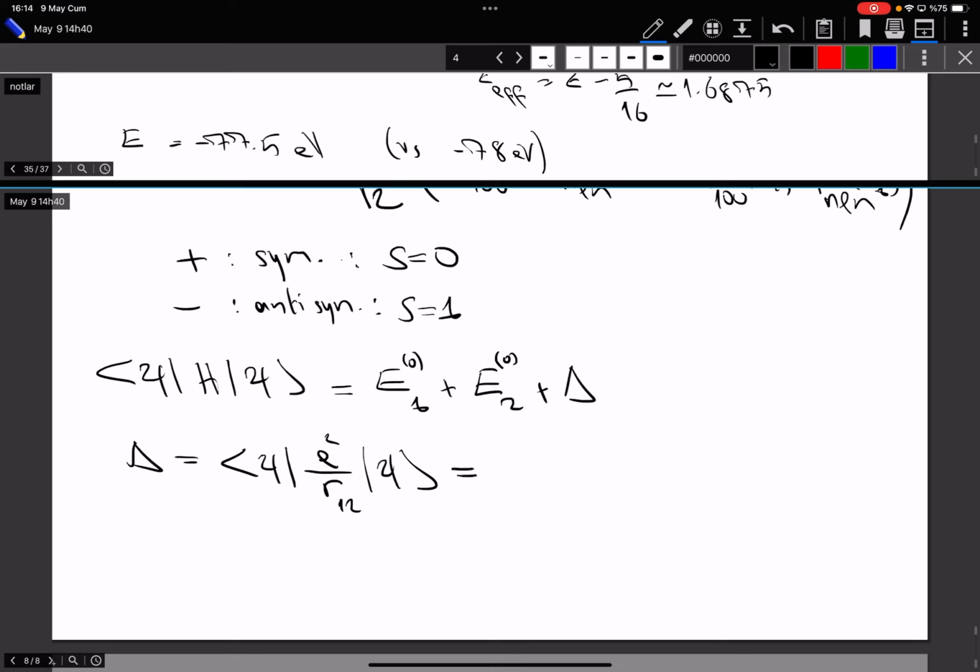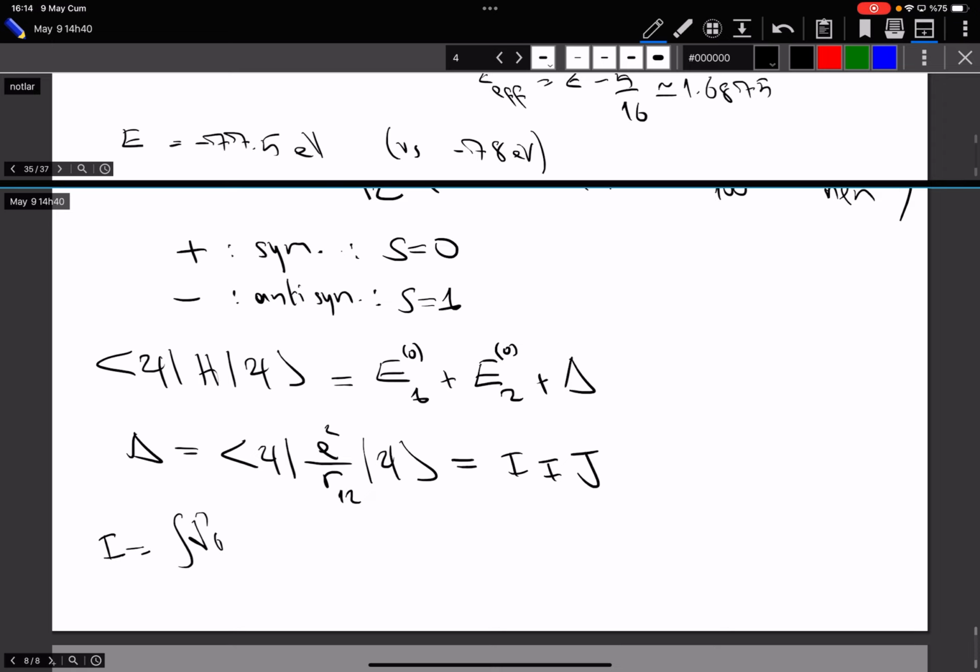Let me write it in this form, I plus or minus J. This is the notation in your book. I will be the integral of V, psi 1,0,0 R1 squared, psi NLM R2 squared.